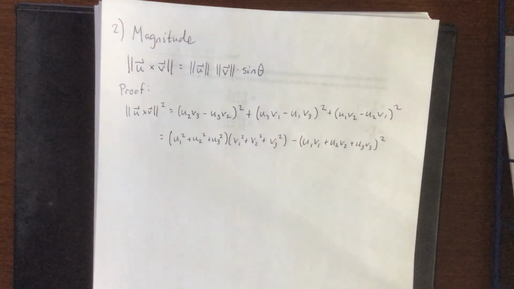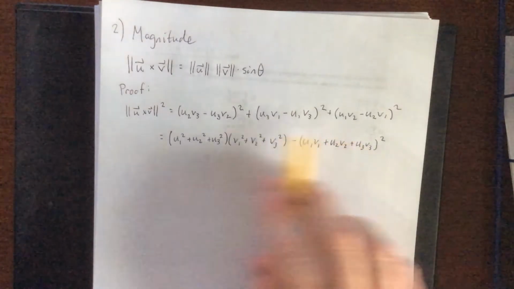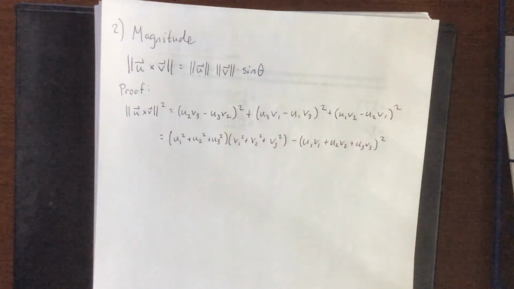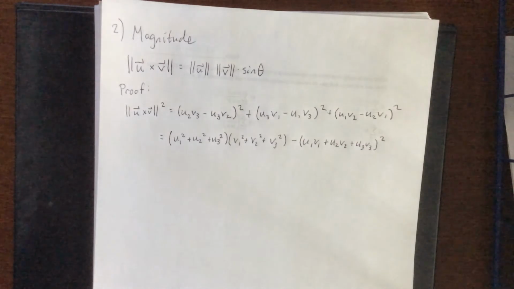Now again, if you feel like expanding these completely and verifying that they are in fact equal to each other, you feel free to do so. Technically, a student who's taking Math 1000 should be able to do something like that without too much difficulty.